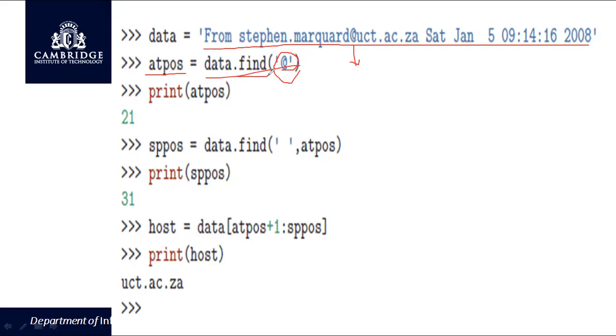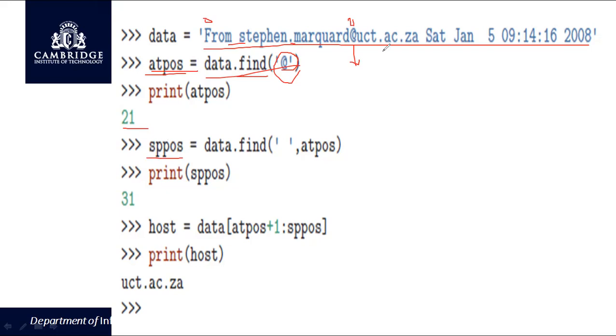The offset value starts from 0, and spaces and dots are also counted. So the position of the at symbol is 21, and it returns 21.